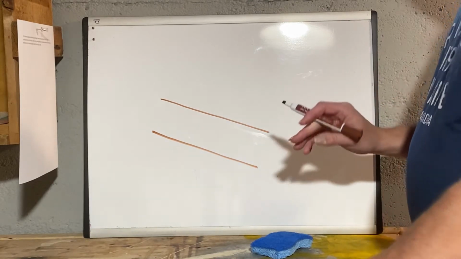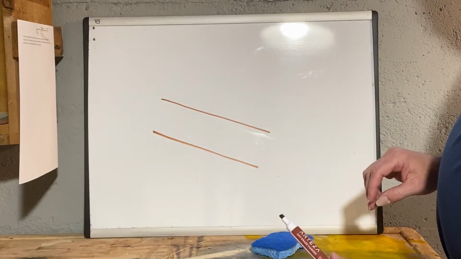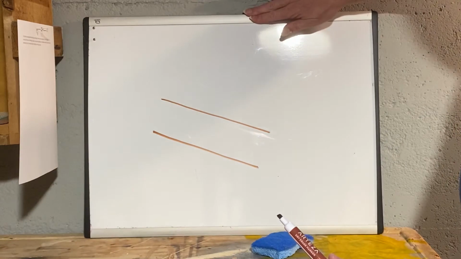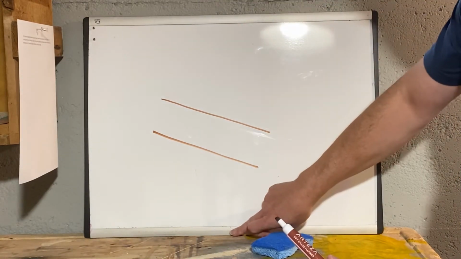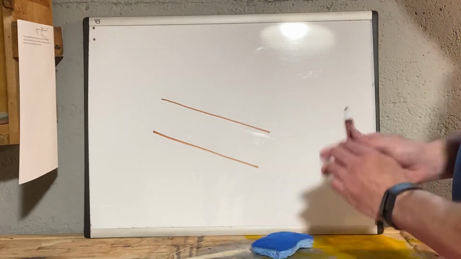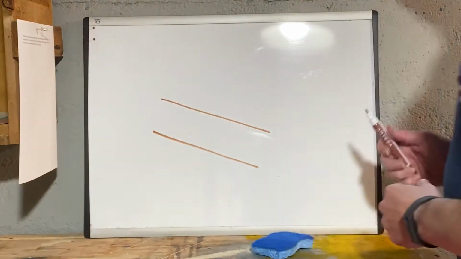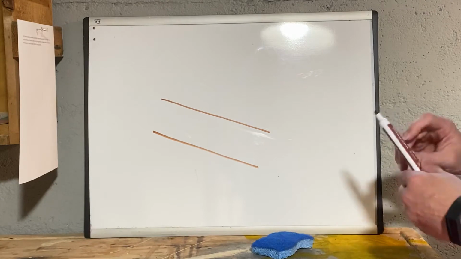We see parallel lines all the time. For instance, the line at the edge of this whiteboard is parallel to this line at the edge of this whiteboard. And these two black edges are parallel to each other as well.